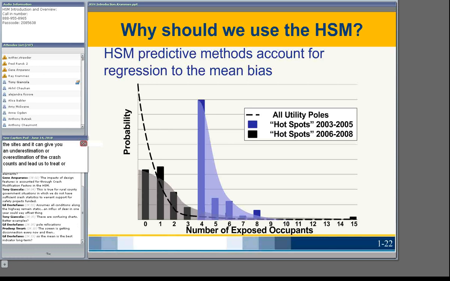Crash frequency for an implemented safety countermeasure. Crash patterns. It provides an understanding of the crash pattern.